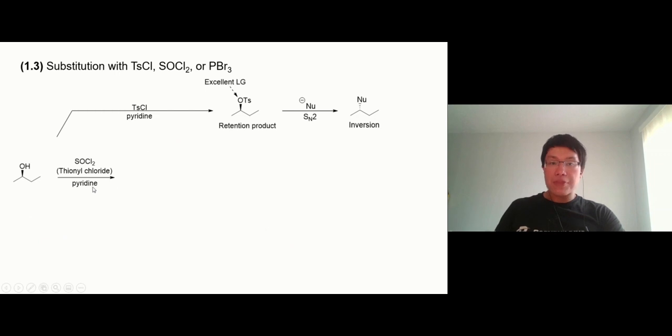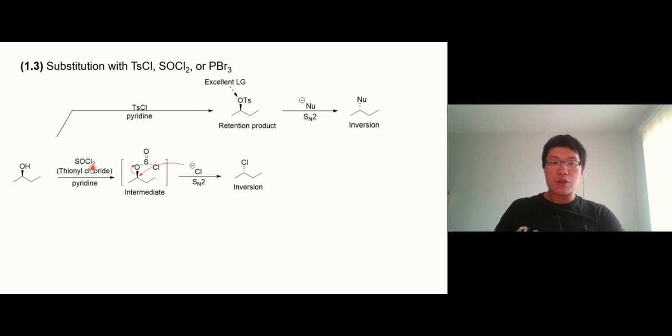All right, now another reagent: we have thionyl chloride and also add pyridine, same thing, that's the base, right? You're going to go to this intermediate first. Basically the thionyl chloride gets on the oxygen, and then chloride does a nucleophilic SN2 attack, bam, you get the inversion product. So watch out right here. If you use TsCl, the stereochemistry is retained, the retention product.